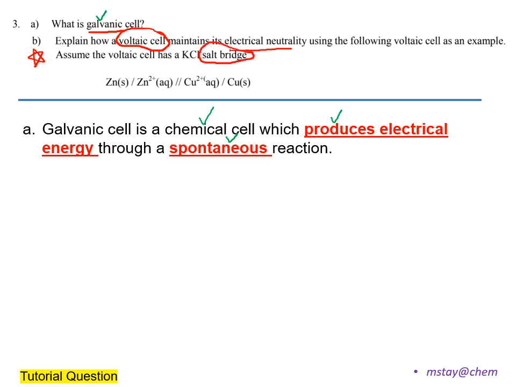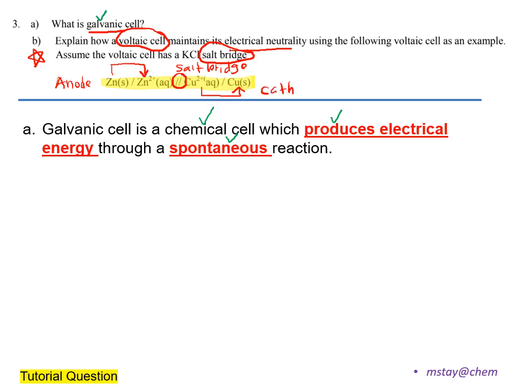This one is known as cell notation, where basically these two lines represent the salt bridge. The left hand side of the salt bridge represents the anode, where we can see zinc producing Zn2+, which undergoes oxidation, while Cu2+ to Cu undergoes reduction.